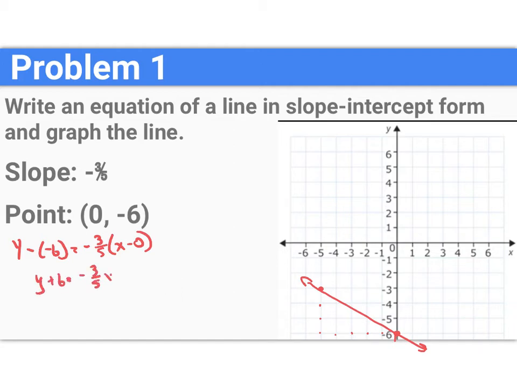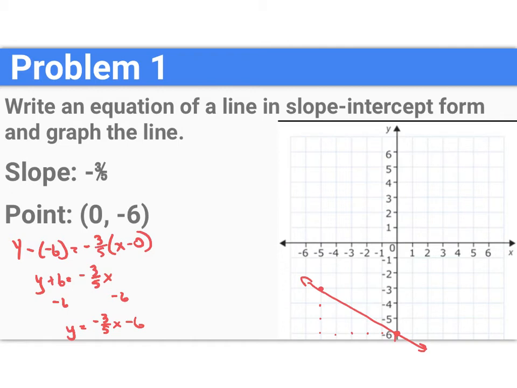3/5 times 0 is 0. So subtract 6, y equals negative 3 over 5x minus 6. Okay, so if I put negative 5 in here, let me show you why I picked this point and how it works.